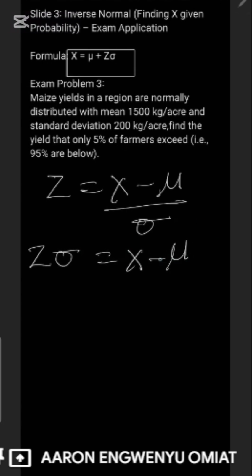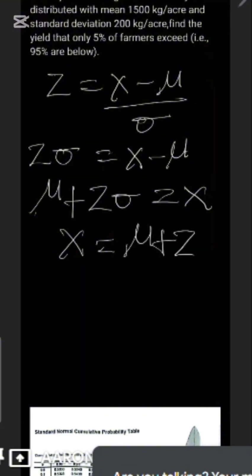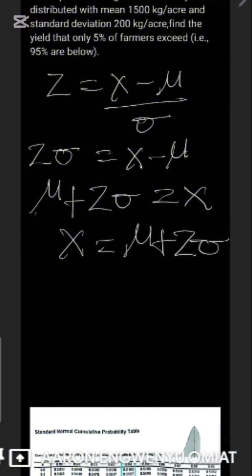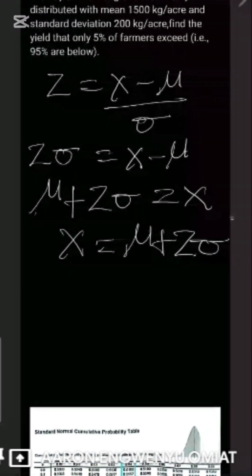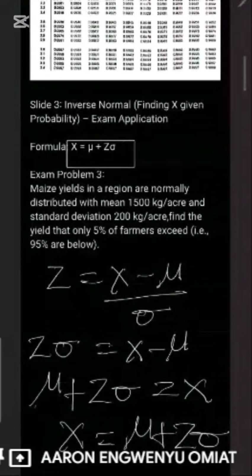Taking the mean to the other side, it becomes positive, so mean plus z sigma is equal to x. Are we together on how we end up with this inverse normal formula?